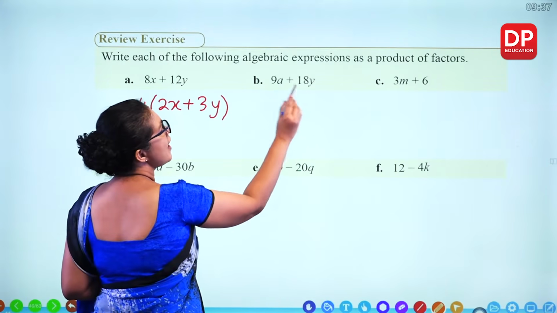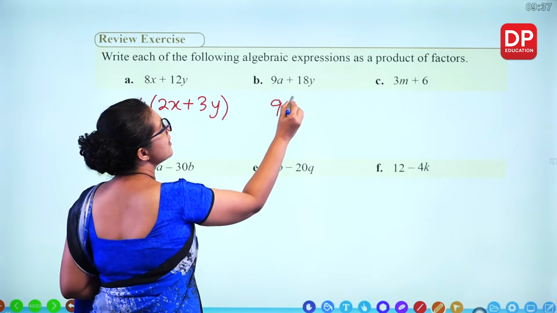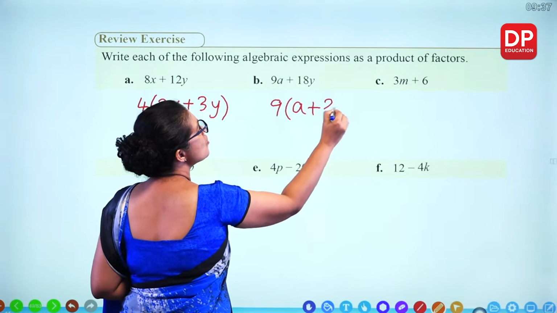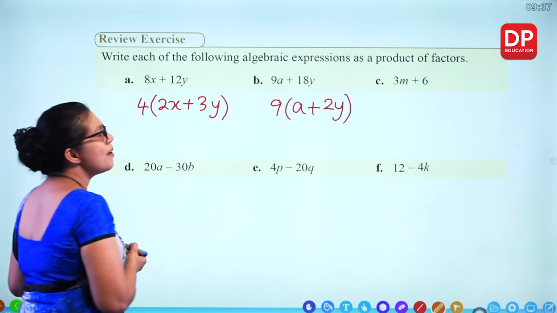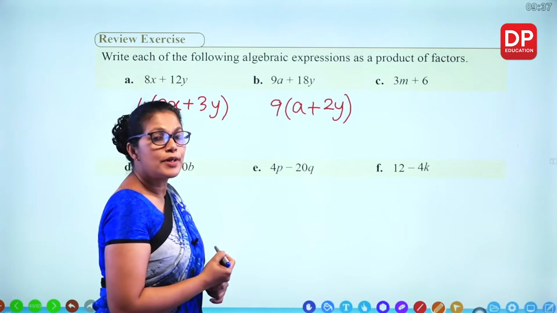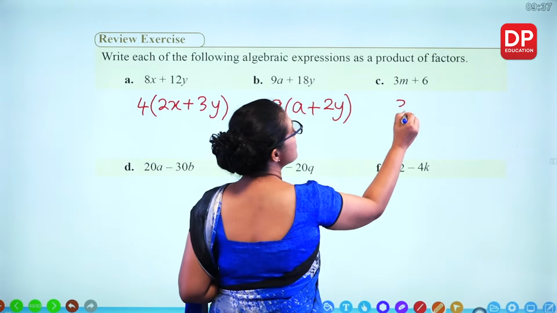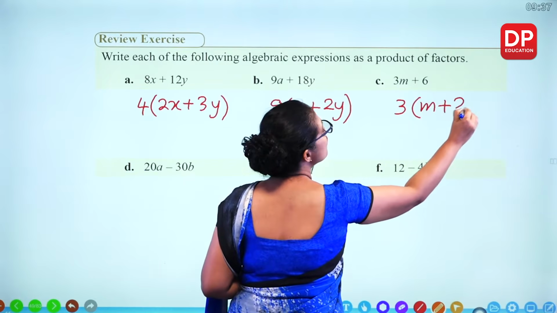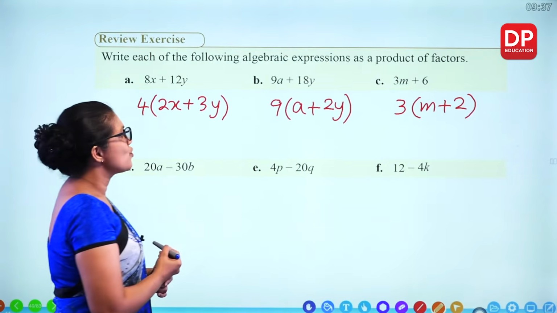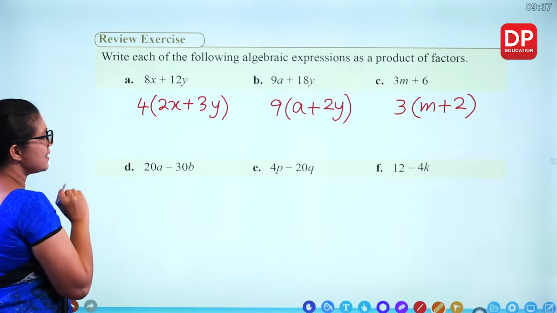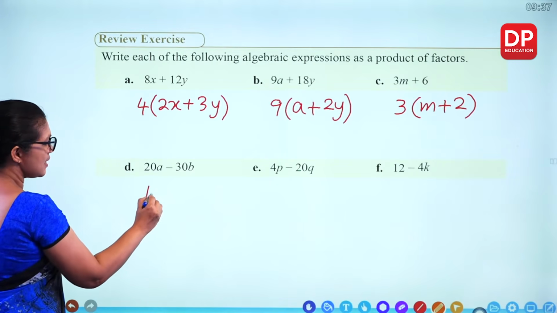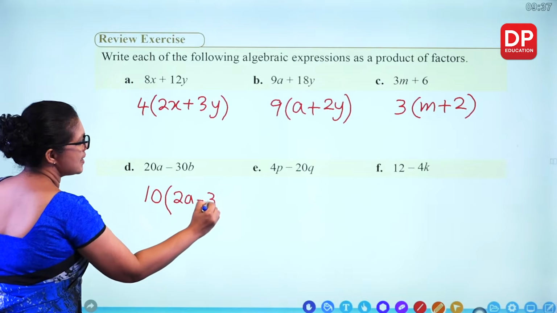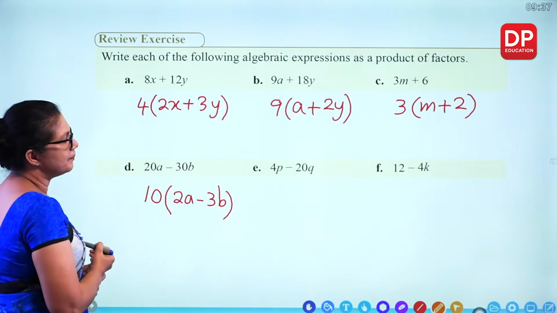This one, 9 and 18. 9 is common. Take it out. Remaining part, a plus 2y inside brackets. 3m plus 6. 3 is common. Take it out. So 6 is 3 times 2. So you get m plus 2. 20 and 30. 10 is common. 2a minus 3b.